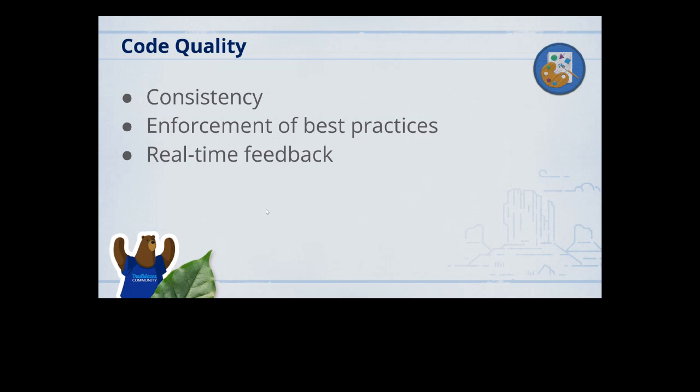Code quality tools also enforce best practices for the most part. We'll talk about some of these tools in just a minute, but for example, they will say, you shouldn't have code in your trigger, and you will fail those code quality checks before it ever gets pushed to code review, which is important.